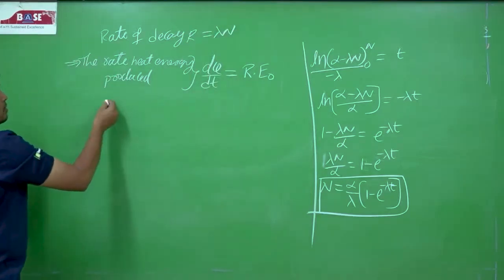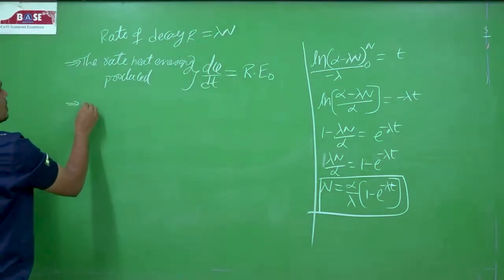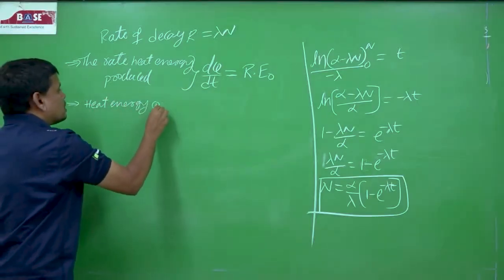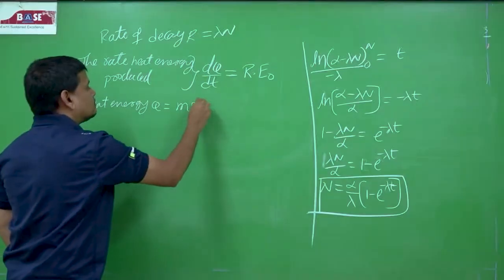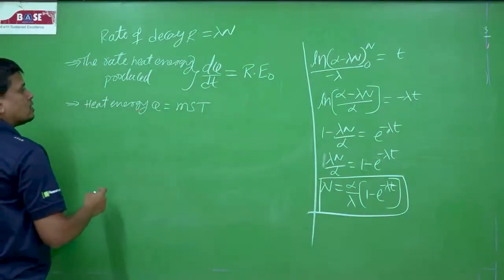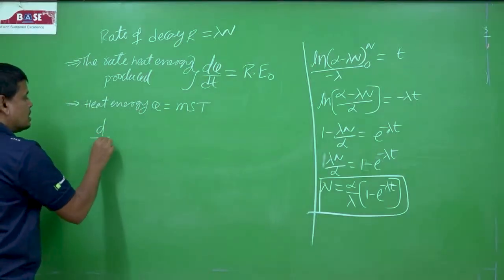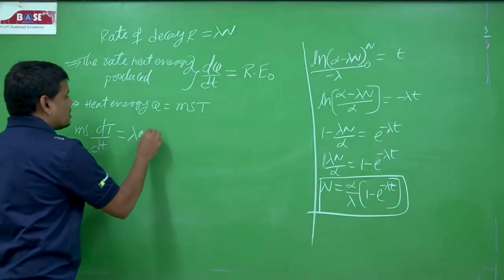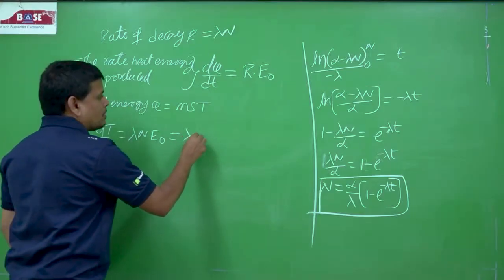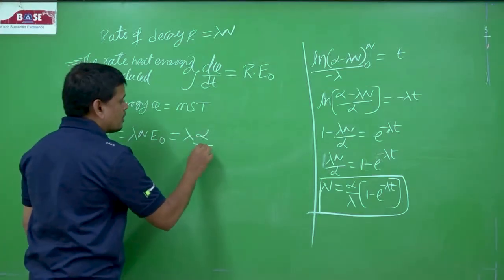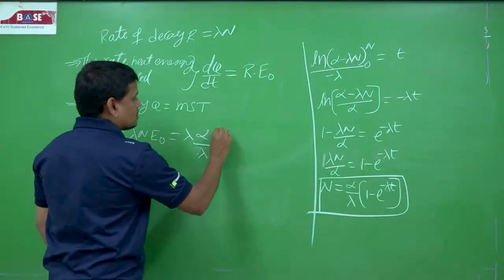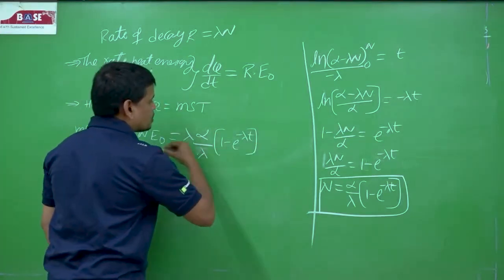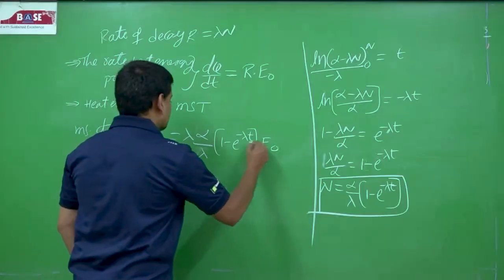Now if I substitute, the heat energy Q can be represented as MST. Substituting all the values into the equation, d by dt of (m times s times capital T) is equal to lambda times N times E naught. Furthermore, the value of lambda N we have derived over here: alpha times (1 minus e to the power minus lambda t) times E naught.